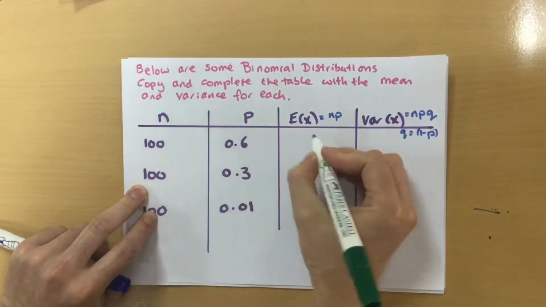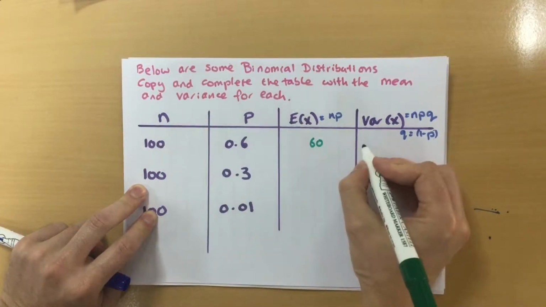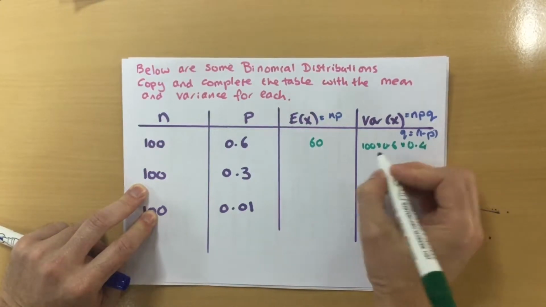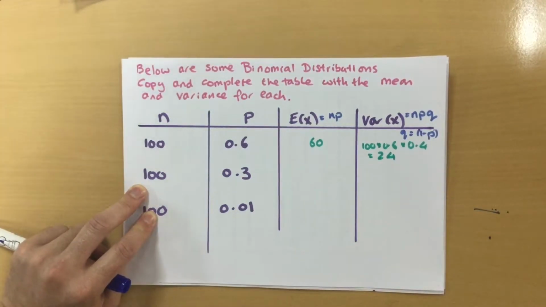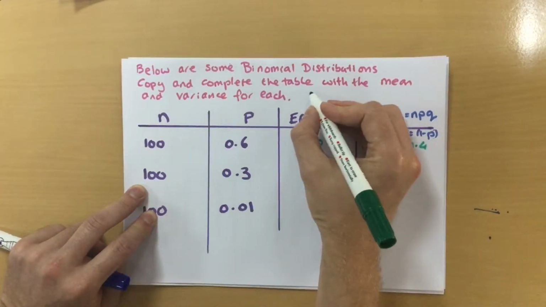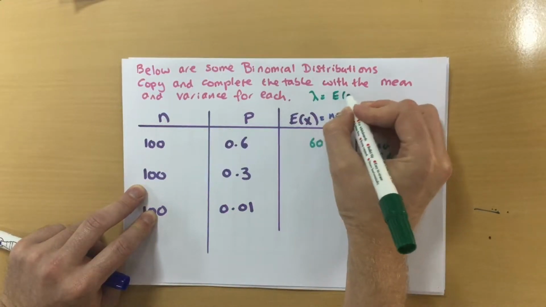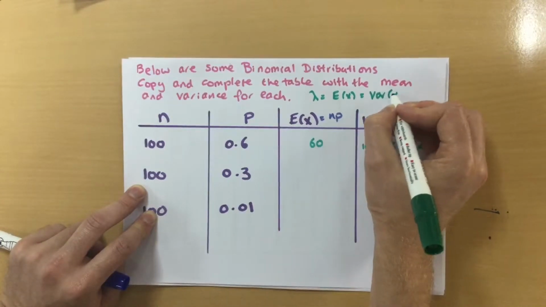Here, our mean is going to be 60, and our variance is going to be 100 times 0.6 times 0.4, which is 24. Remember, in the Poisson, our lambda is not only our mean, it is also our variance.